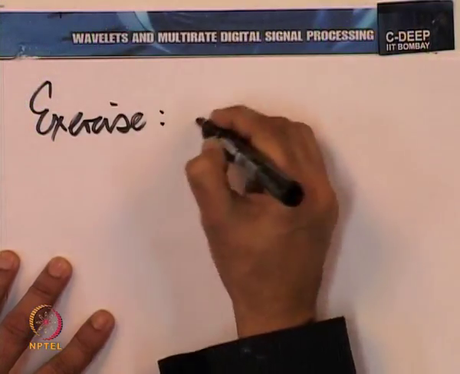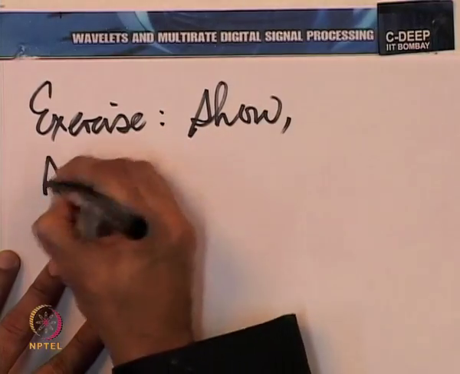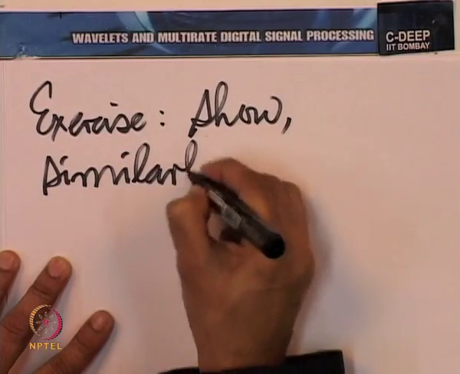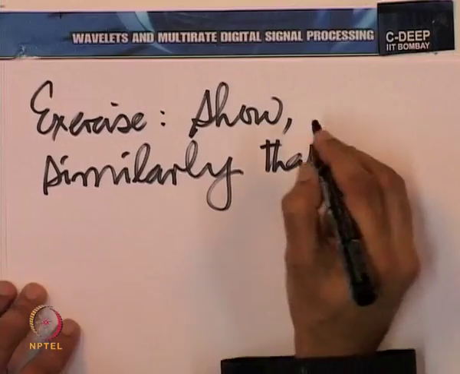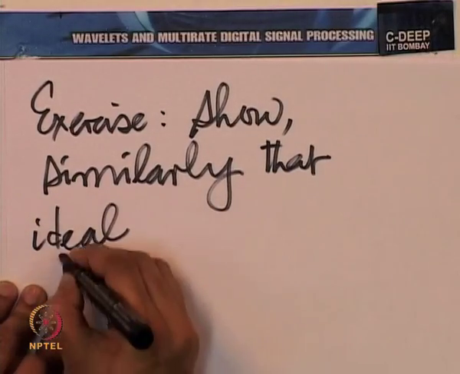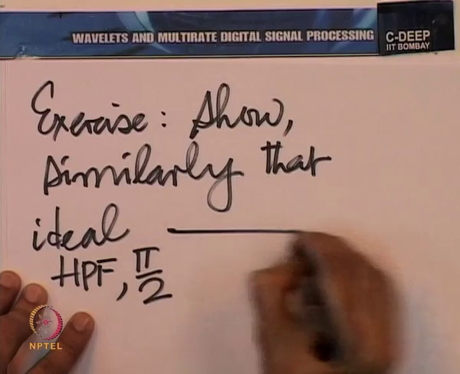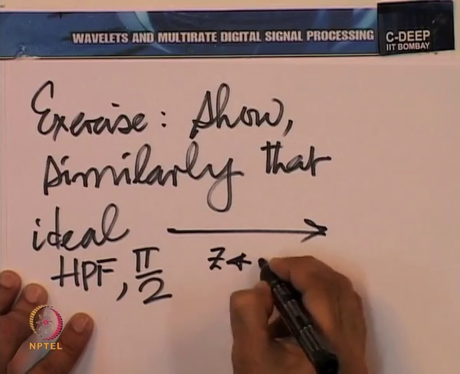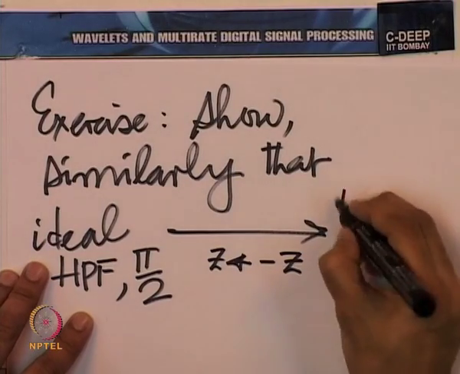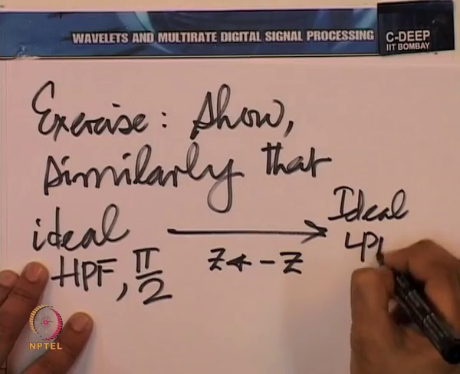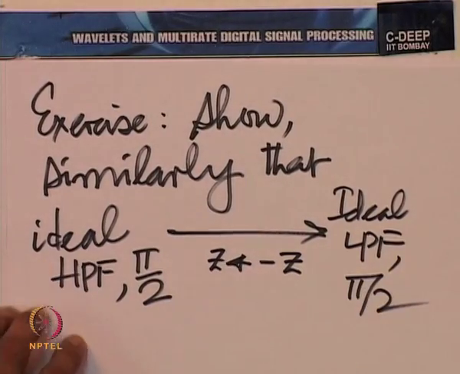Exercise: show similarly that an ideal high pass filter HPF with a cutoff pi by 2, on replacing z by minus z, becomes an ideal low pass filter with a cutoff of pi by 2. And that also makes a lot of sense for the other of the two requirements for alias cancellation.